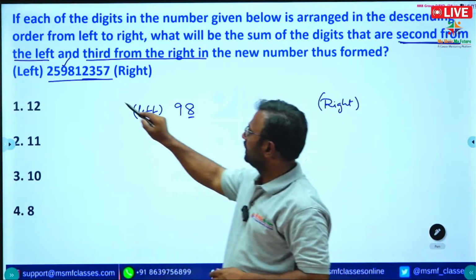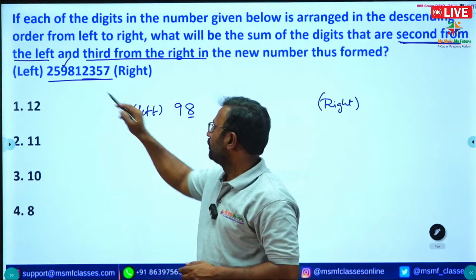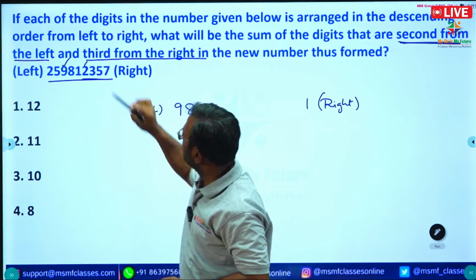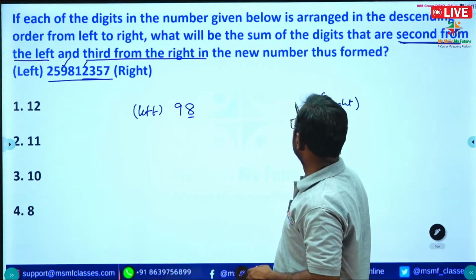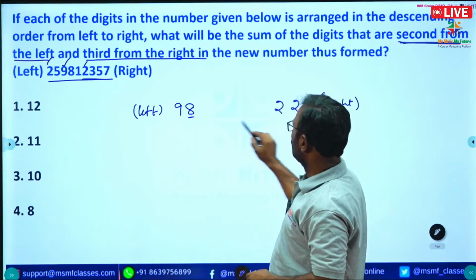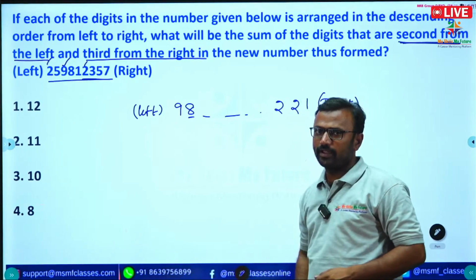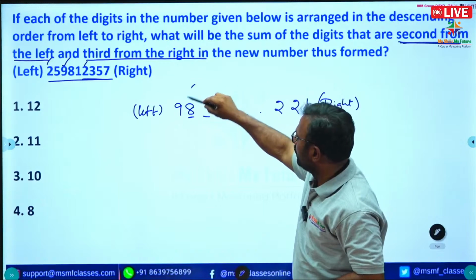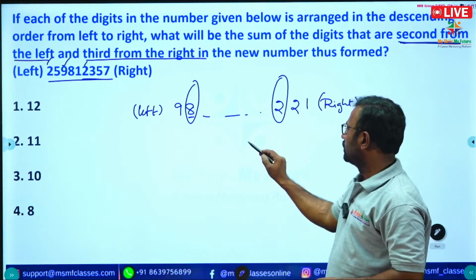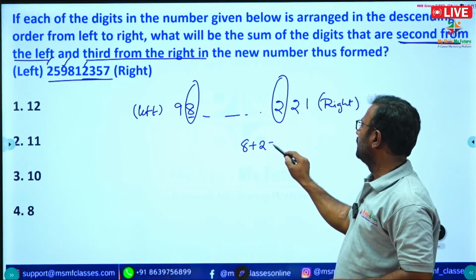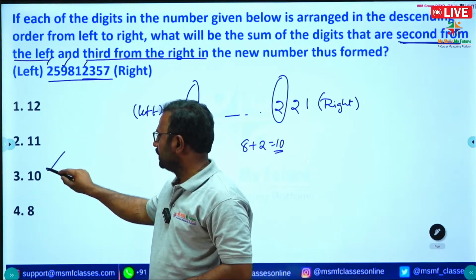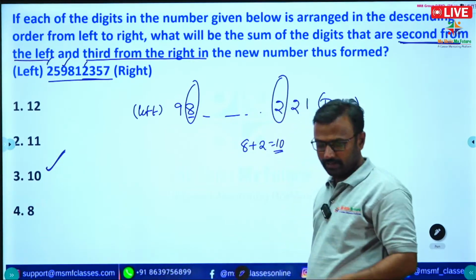In descending order, counting from the right, there is a 2, and here one more 2. So no need to write the middle numbers. This is the number second from the left, and this is the number third from the right. If we do the sum, we get 10. Option 3 is correct, 10. Okay, right. Next question.